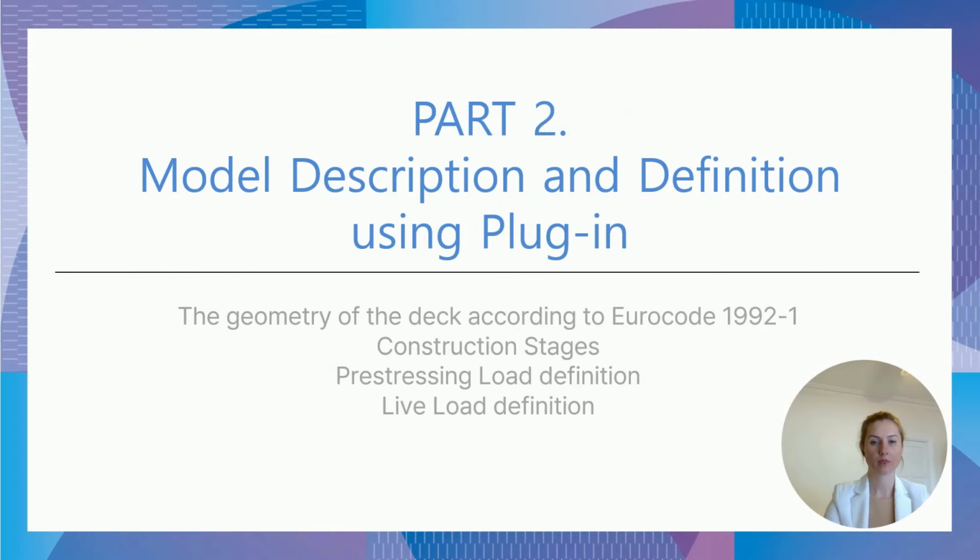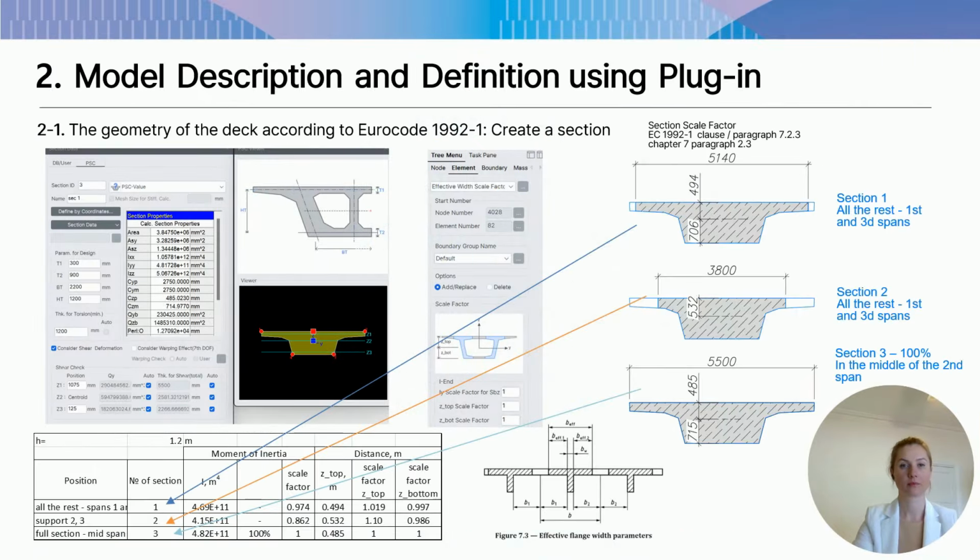We are going to part 2, model description and definition using the plug-in. First of all, we need to create sections of the main beam. I create the section in AutoCAD in compliance with Eurocode, Chapter 7, Clause 2.3.